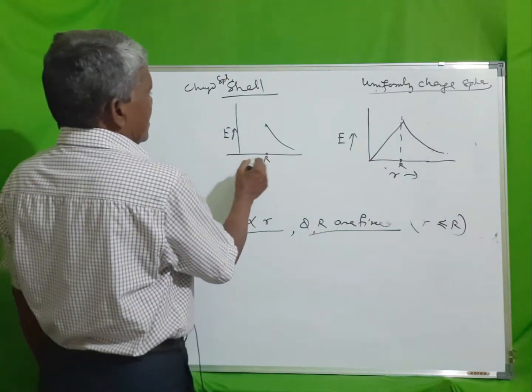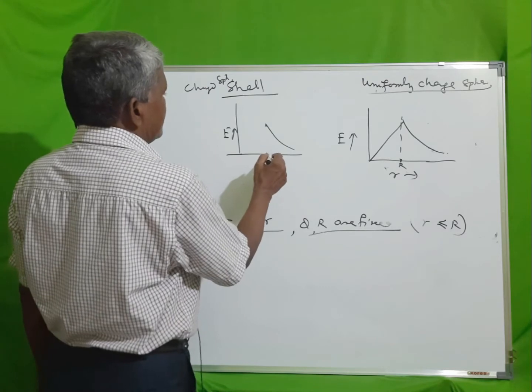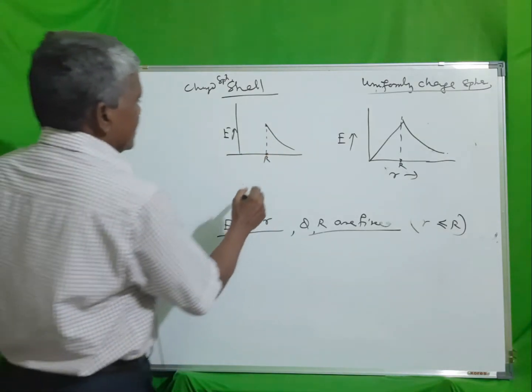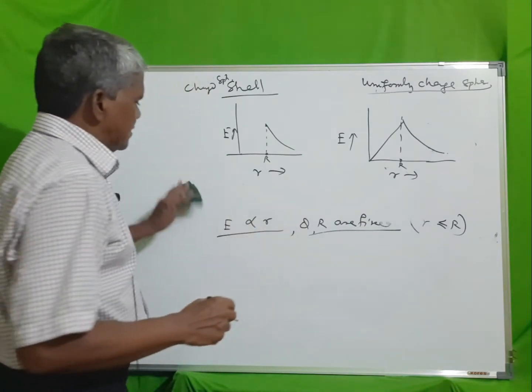So for this point the electric field is 0, and here r is the distance along the x-axis.